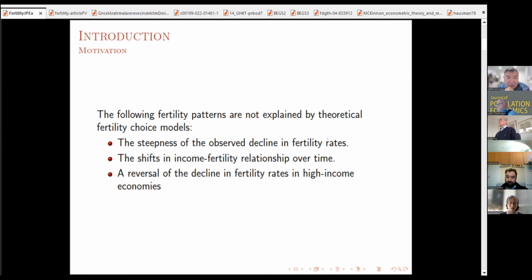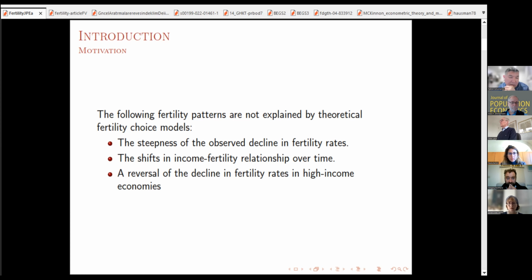So there are 3 points we observed in the literature. First, we know that because of the demographic transition, the fertility rates were falling, but the concern was that this decline was too steep to be explained by, for example, the quality-quantity trade-off.